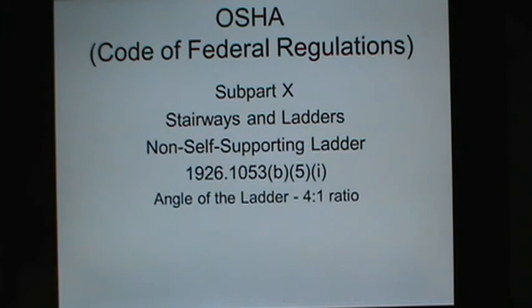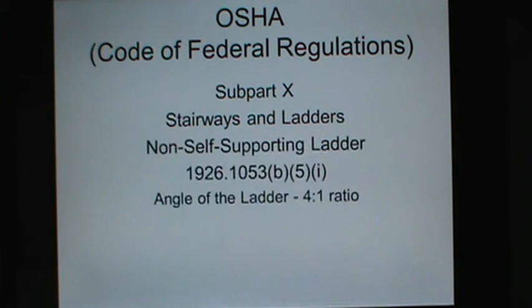Basically what you do is you measure how high the building is. Say it's a 20-foot building, you divide that by 4, and that means the bottom of your ladder has to be 5 feet away from the building. So that's a 4-to-1 ratio and 3 feet above the building. So make sure that you have 1053(b)(1) and 1053(b)(5)(i), both of those highlighted.